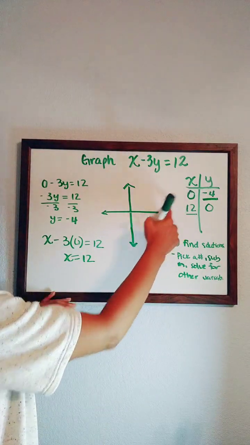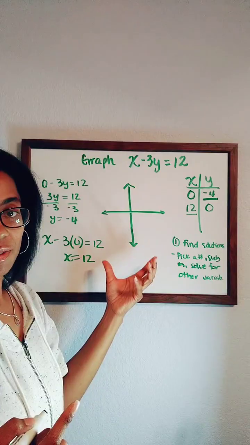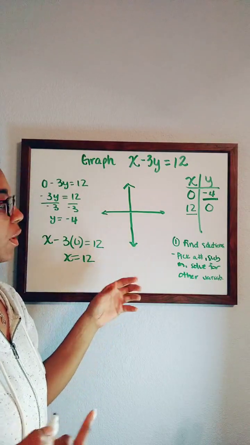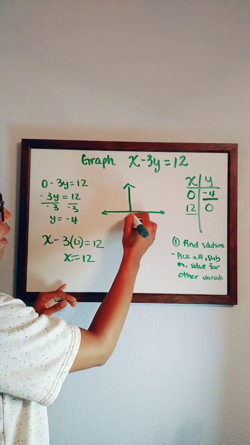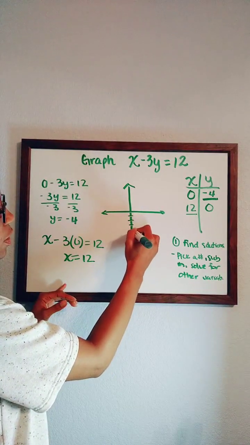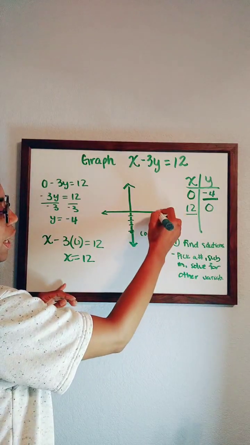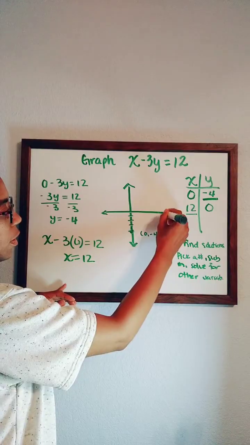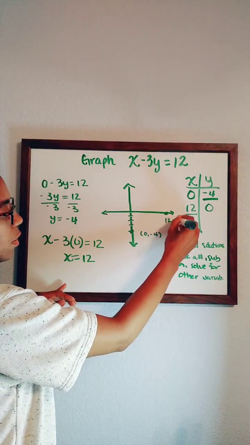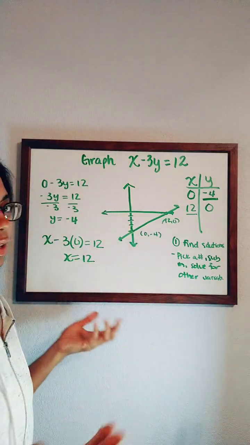Now what I'm going to do is graph this answer on this graph. Okay? Therefore, I'm going to have 0, -4. So I have 1, 2, 3, 4. That would be 0, -4. And then I have 12, 0. So I'm going to act like 12, 0. It would be a little bit further out. And then I would connect these 2 points, and that's my line.